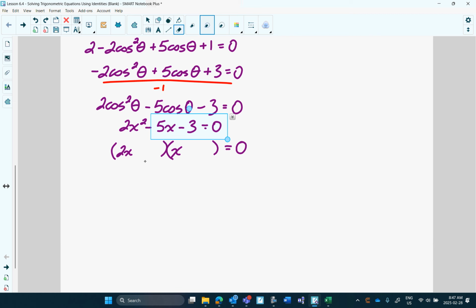They have to multiply to get 3. Negative 1 and positive 3. Plus 5. Only 1 there. Negative 1, positive 3. Negative 1 and negative 3. They have to multiply to get negative 3.